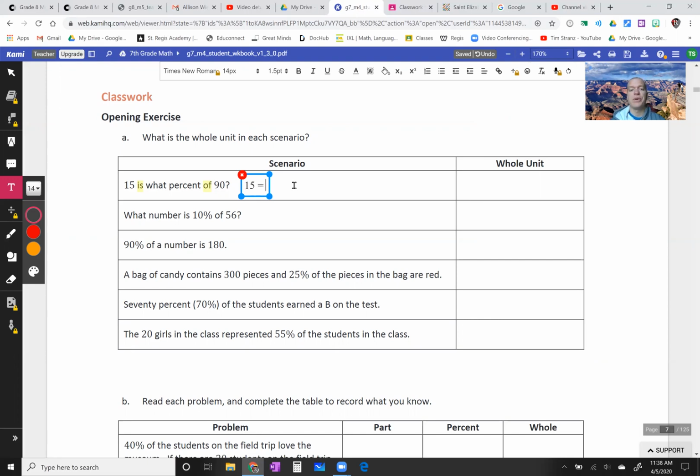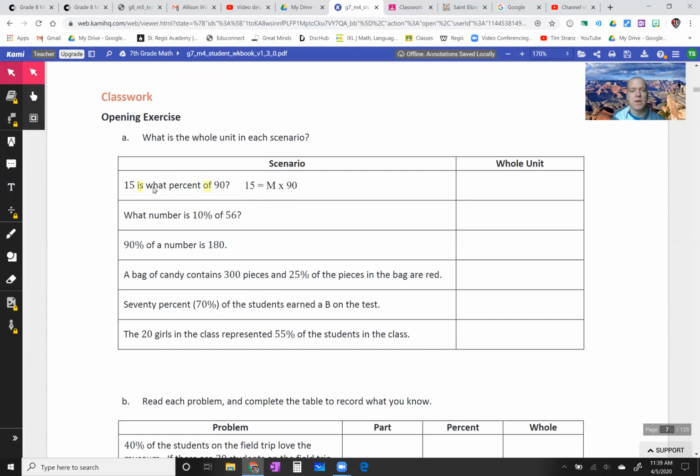We're going to call that our variable x. And then, actually I'm going to call it a variable m, and you'll see why in a second. What does of mean in math? It means multiplication, right? So times 90. That's all it means. Okay. So I got 15 is what percent times 90. So I need to find m.